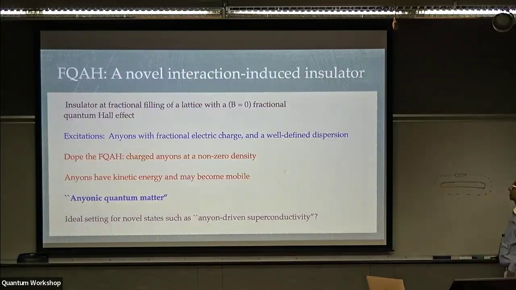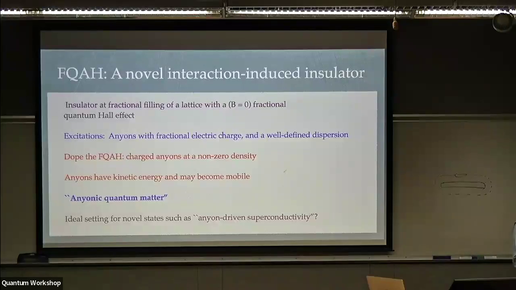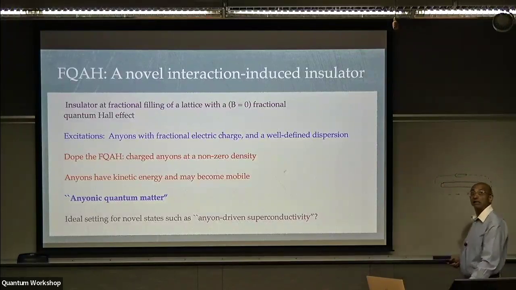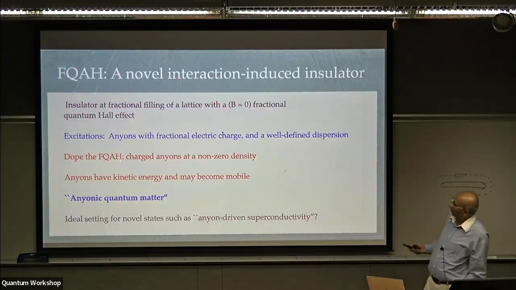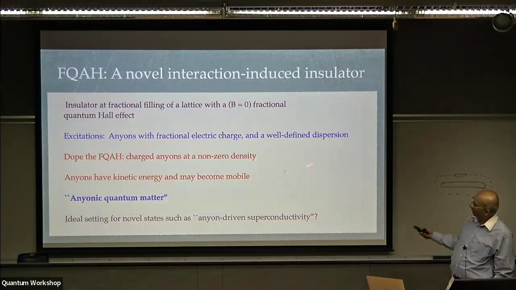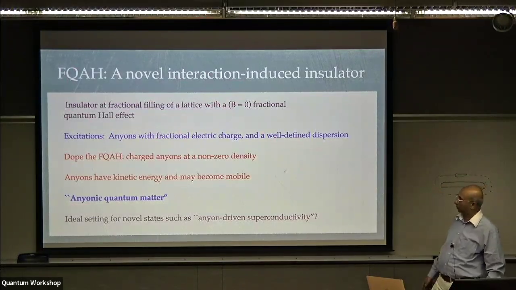So the FQAH, so I'm giving you a summary of the description of the fractional quantum anomalous Hall state itself as a preliminary to talking about what happens when you dope. Right? So the state itself is an insulator at fractional filling of the lattice with the fractional quantum Hall effect. We have these anyon excitations which have fractional charge and a well-defined dispersion.